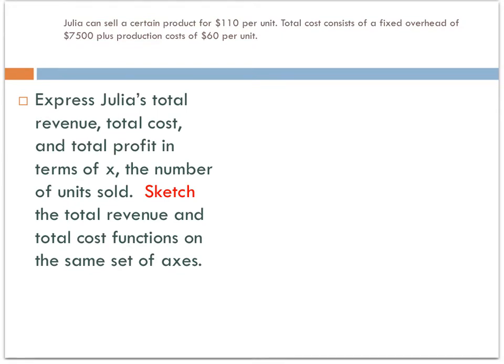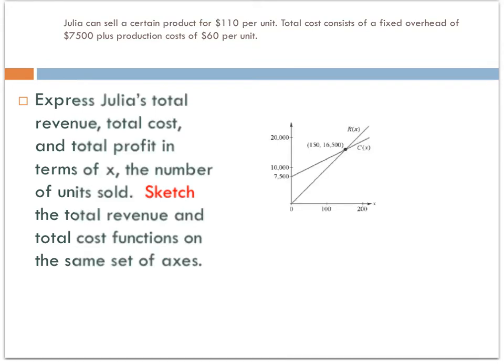So finally, the last thing we have to do is sketch these two functions together on the same set of axes. Notice that I've sketched both lines on the same set of axes. Recall how to graph a line. You've got your cost function, which is c of x equals 7,500 plus 60x.